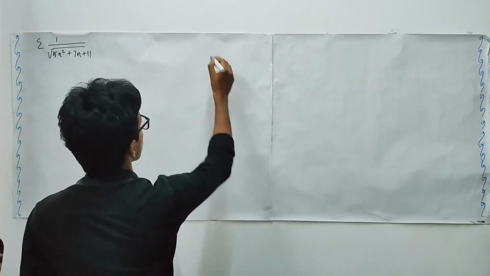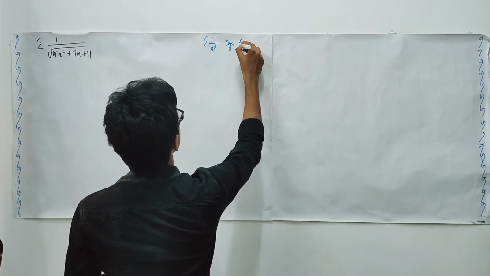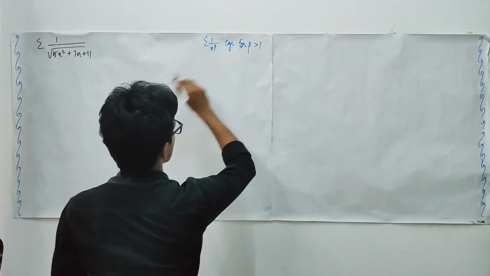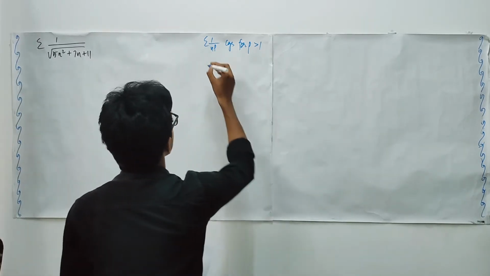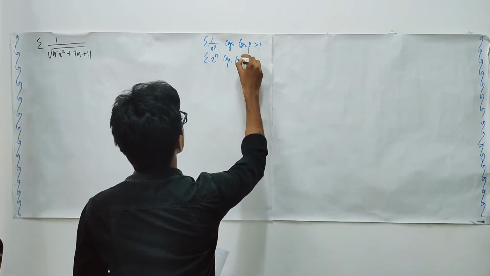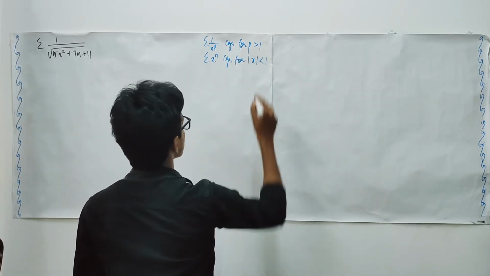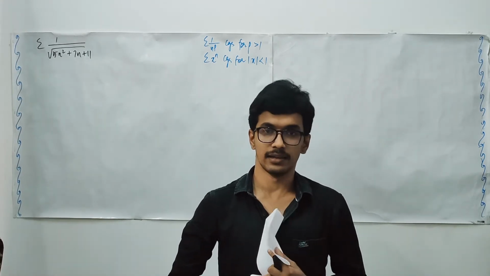That is, summation 1 upon n power p converges for p bigger than 1, right? And for p smaller than or equal to 1, it is going to be divergent. And summation x power n converges for absolute value of x smaller than 1. For other cases, it is going to be divergent or oscillatory, right?